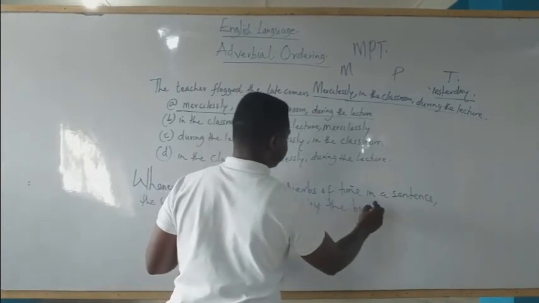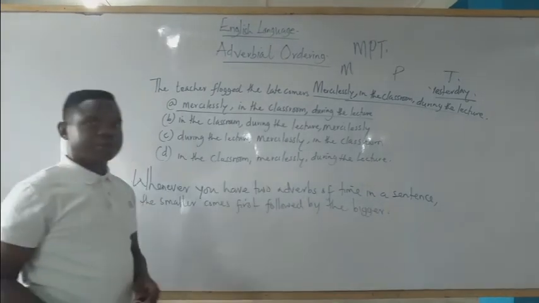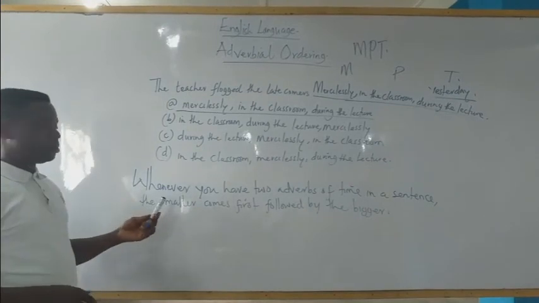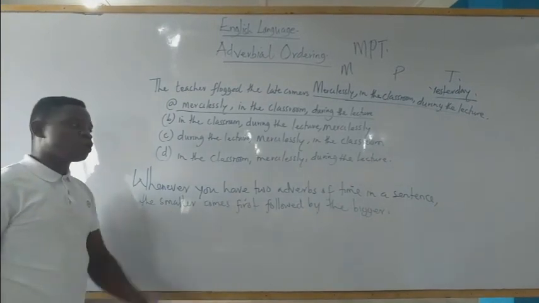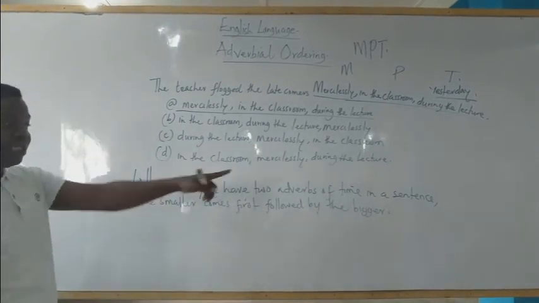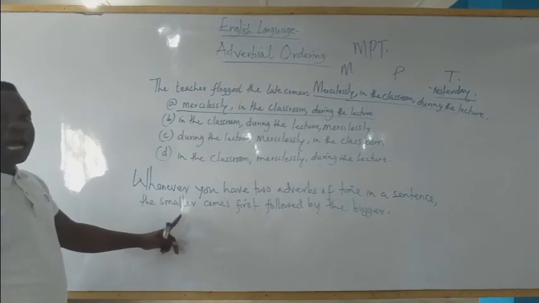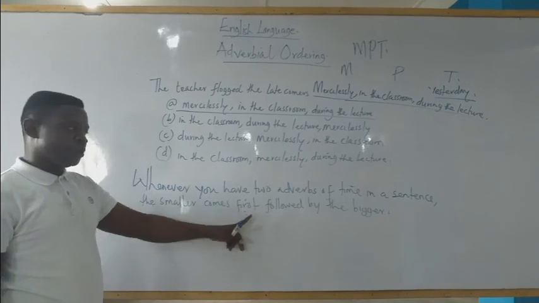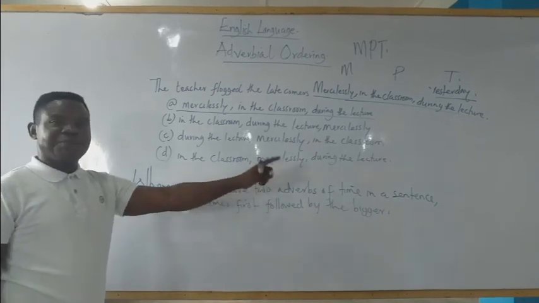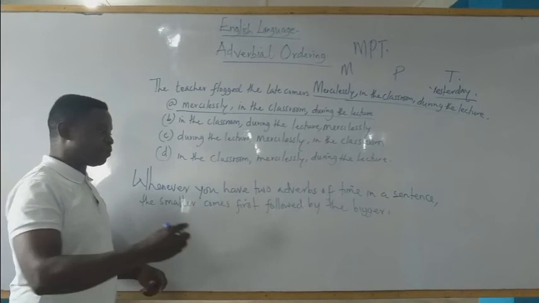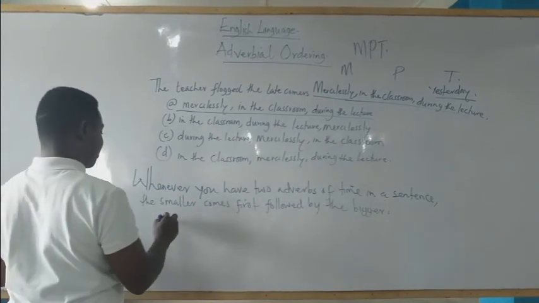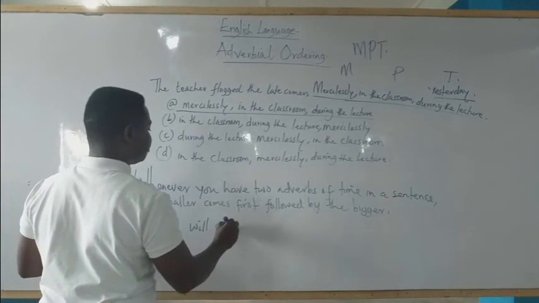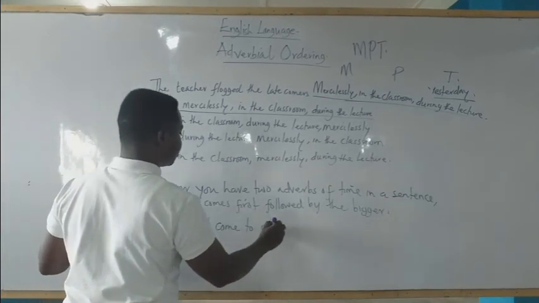Take note. So this is a special note. So you should note, whenever you have two adverbs of time in a sentence, the smaller adverb comes first in that order of arrangement, followed by the bigger adverb.